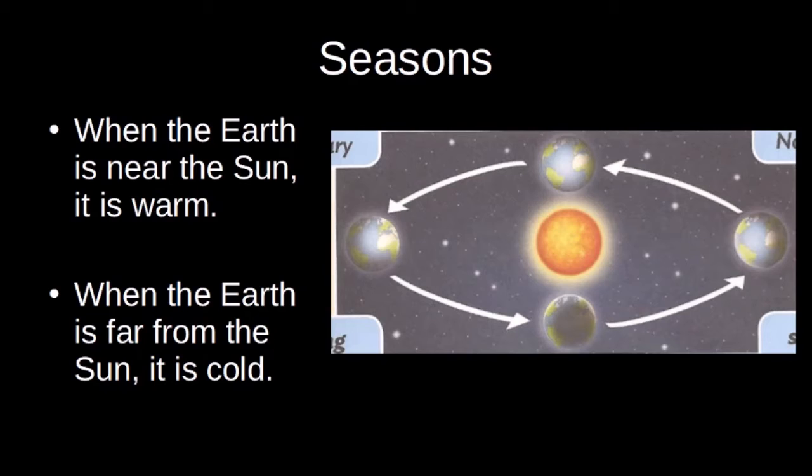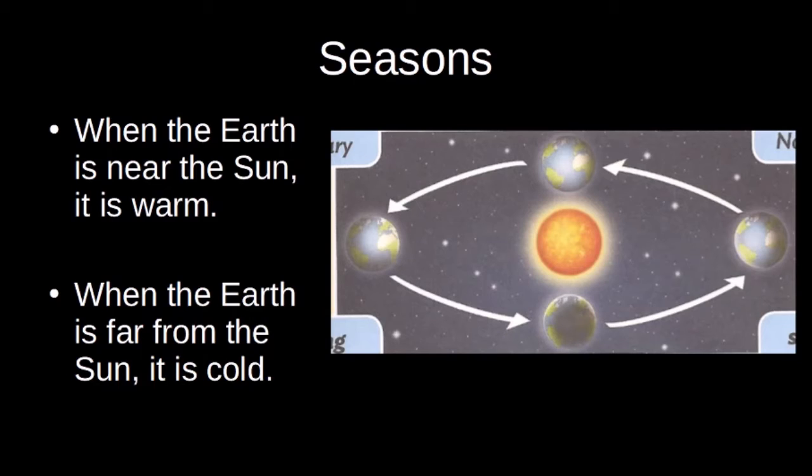As the Earth moves around the sun, as it revolves around the sun, we get seasons. So when the Earth is near the sun, it is warm, and when the Earth is far from the sun, it is cold. Which makes sense.